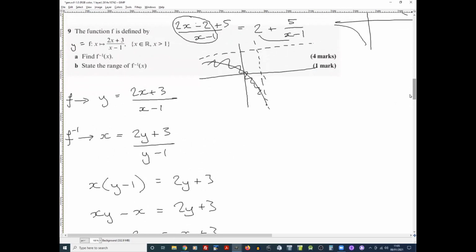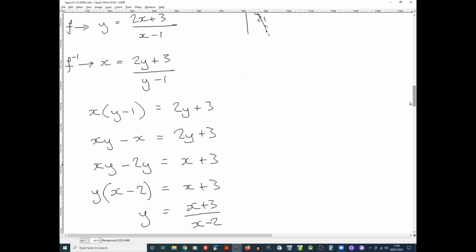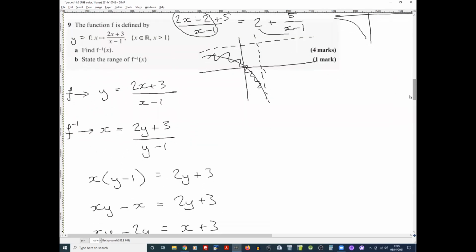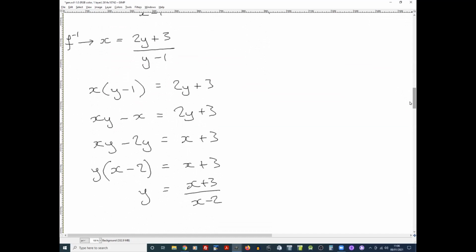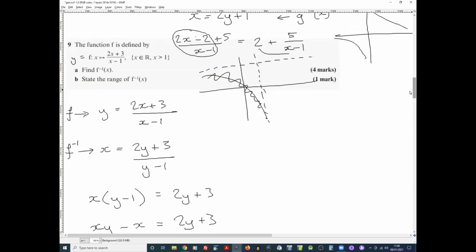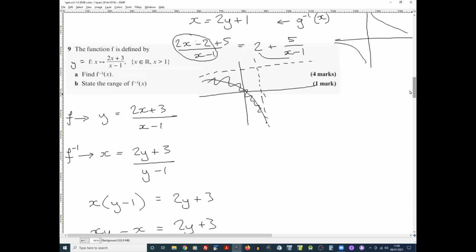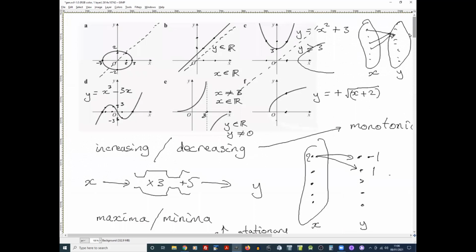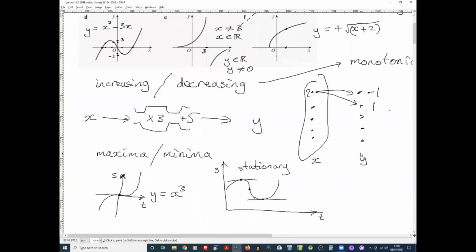Now state the range of the inverse. Well, it's a trick question in a way. Do you see why? Partly because it's a reflection, but also because by reflecting, we're doing the opposite mapping.